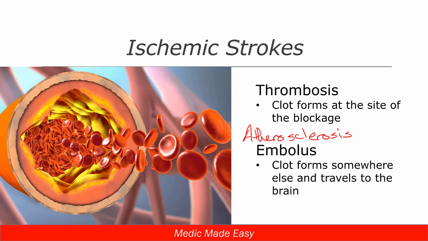Then we get some plaque that builds up in our coronary or our carotid arteries. If that breaks loose, again, it's going to go straight up with the rest of the blood flow. And eventually, however much that plaque is there, eventually it's going to get stuck somewhere. Right? It's going to reach a tiny little blood vessel in the brain, and it's going to block off blood flow.